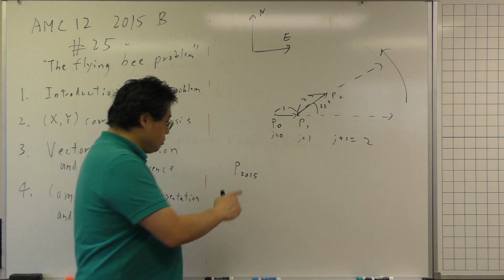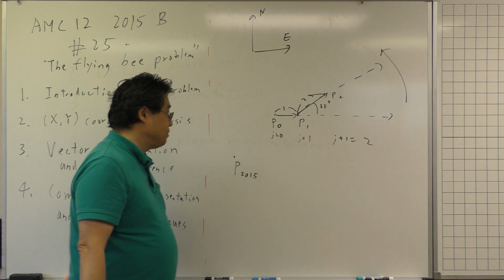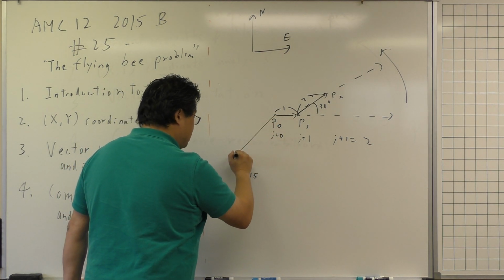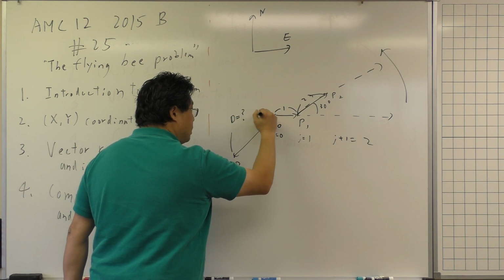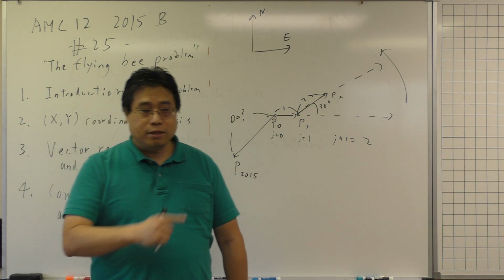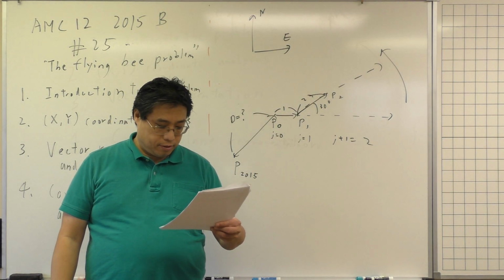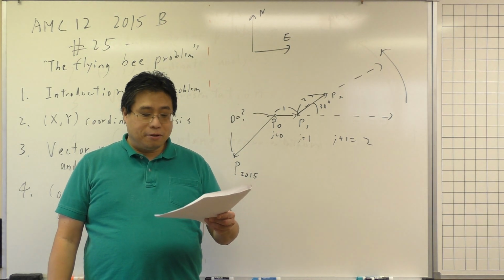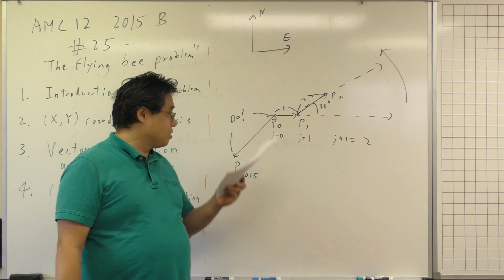What is the distance to this point from P0? So if P2015 is here, what is this distance? And then they want us to write d in the most simplified radical we can manage. And after all that, what is a plus b plus c plus d? Well, let's get the distance first.